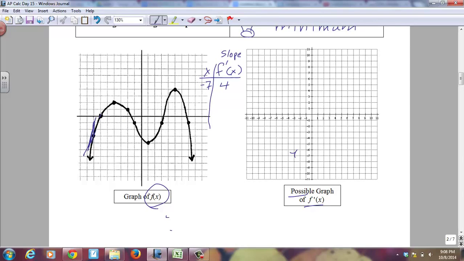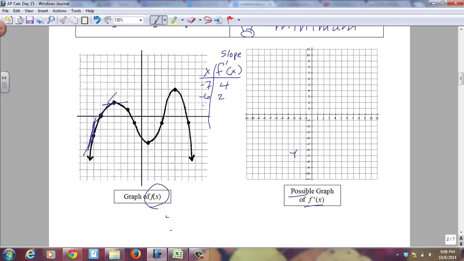And then this one, right in there, looks like it might be 1 or 2. I'm going to put 2 because I'm not sure where I drew my line. And that's at negative 6. And again, I'm only looking at the slope of the tangent line for my derivative. And that would, I say, 2. And then the next point we have here is a maximum.